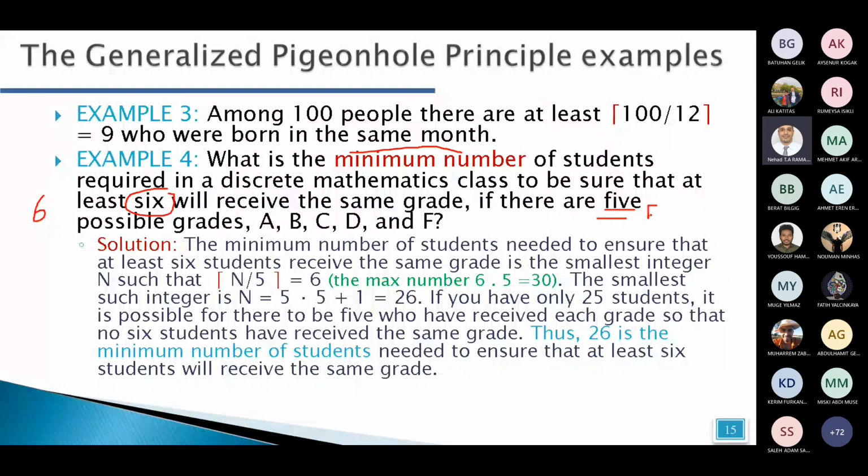So we have 5 possible grades. And what's the minimum number of students required?